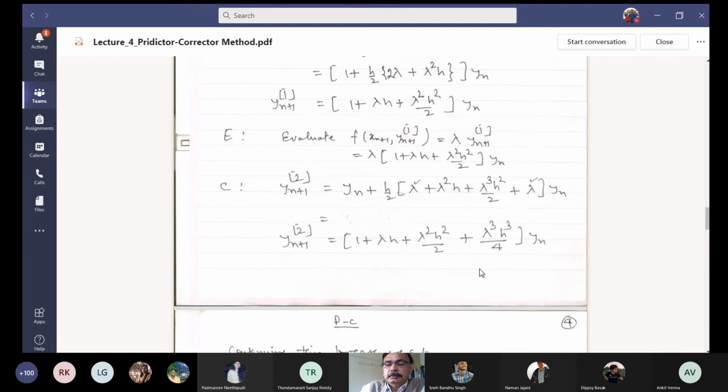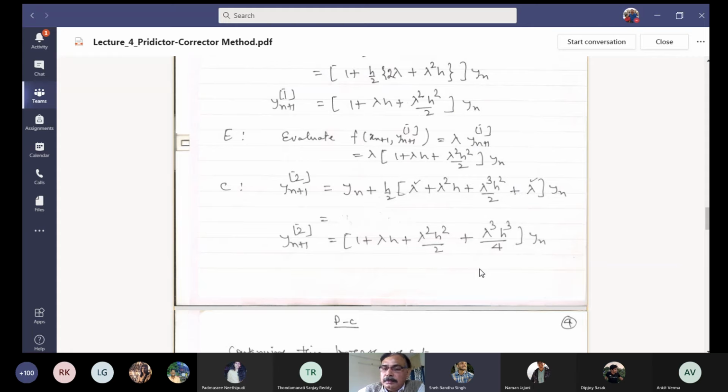So it will be like 1 plus lambda h plus lambda square h square by 2 plus lambda cube h cube by 4. Last term?